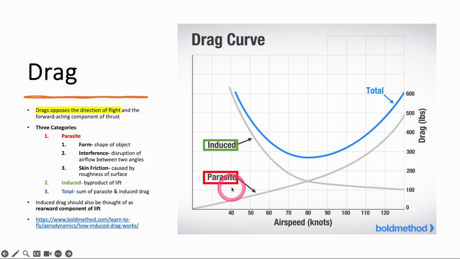A really good problem to think about is, why do you think induced drag decreases with airspeed? If you think back to the lift equation, remember it's a balancing act between all of those components.